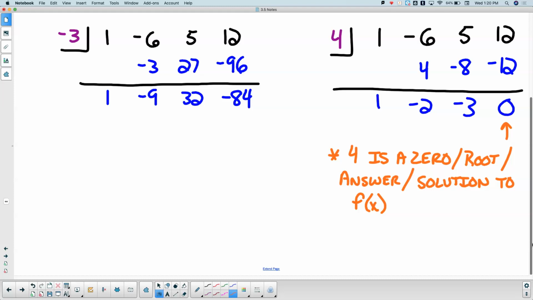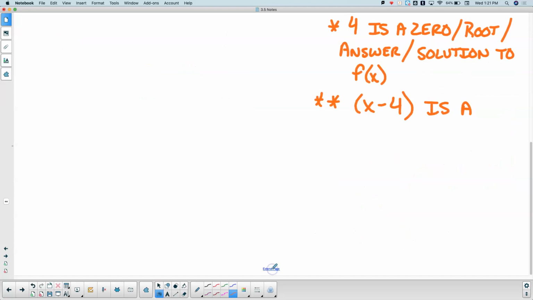The other big thing is the fact that x minus 4 is a factor of f of x. It's kind of like you're working backwards. Okay?